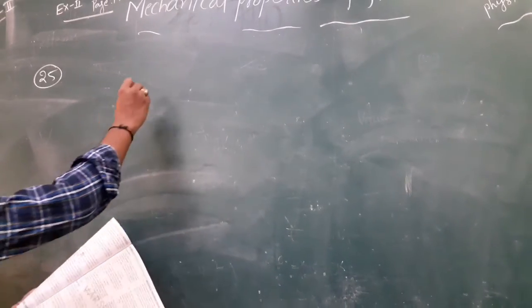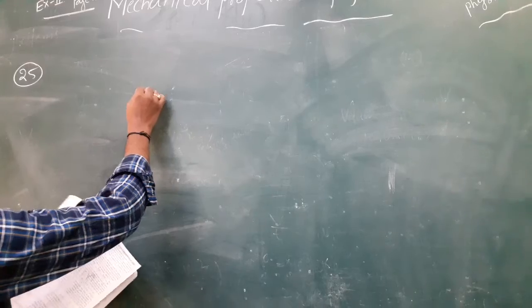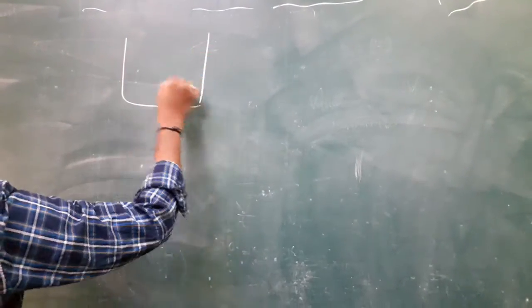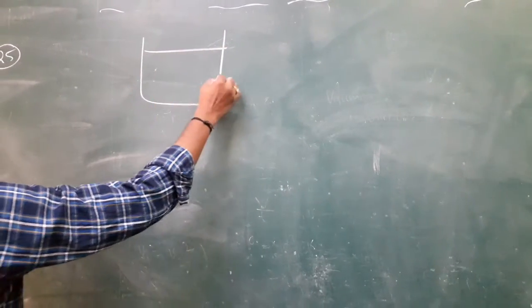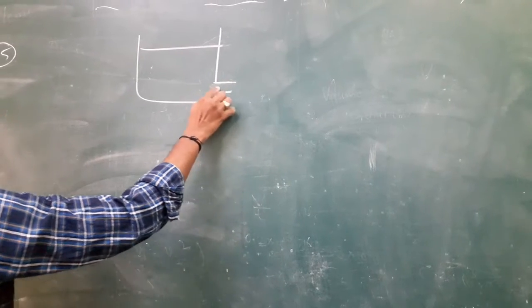Next, a tank full of water has a small hole. This is full of water. A small hole is present at the bottom.